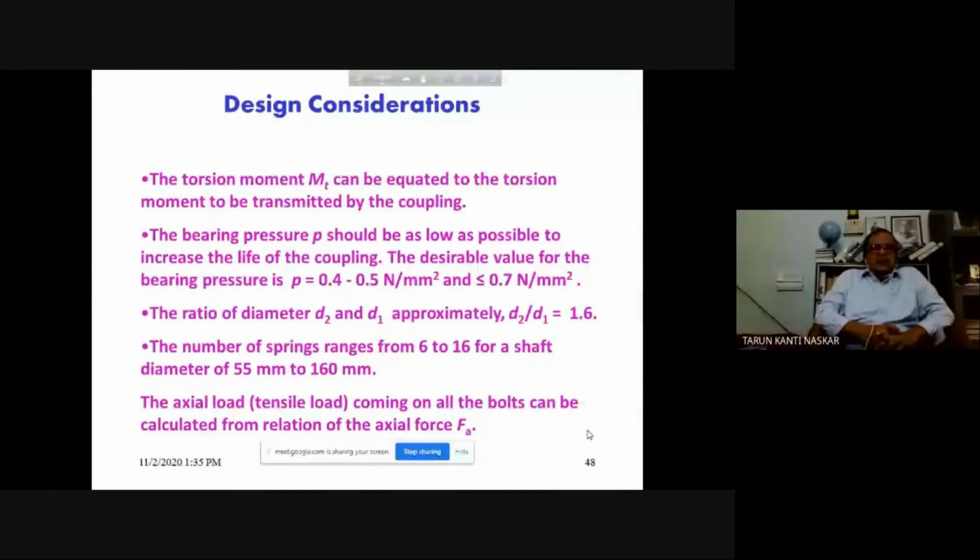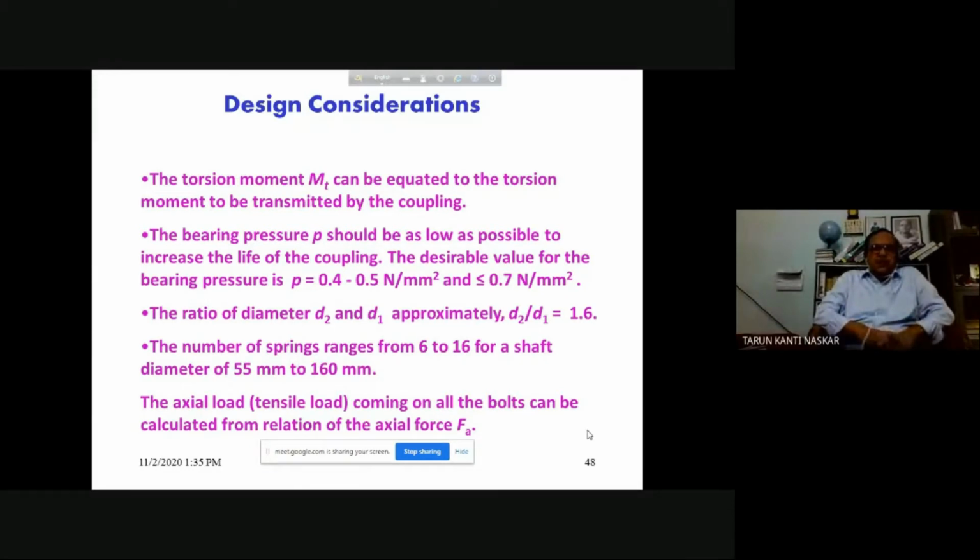The bearing pressure is the pressure which is being applied, so there is some frictional material, so there is a life of the frictional material. If the frictional material fails, that is the softer material, then the bearing will fail. So that is why P should be as low as possible.